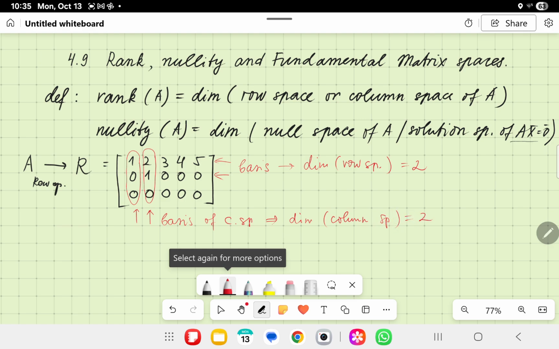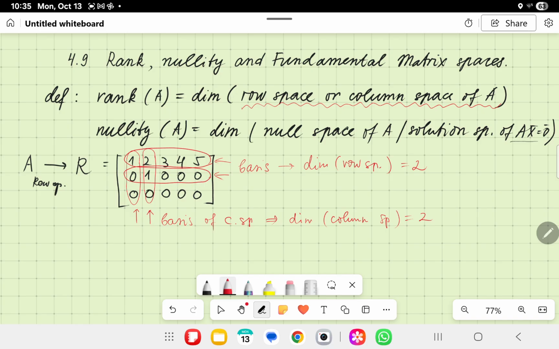Well, you see why we say that the column space and row space have the same dimension, because in the definition we say it's the dimension of the row space or column space. We are assuming that it's the same dimension. Again, why? Because the dimension of the row space is the number of non-zero rows in the matrix, and this is what we see, right?